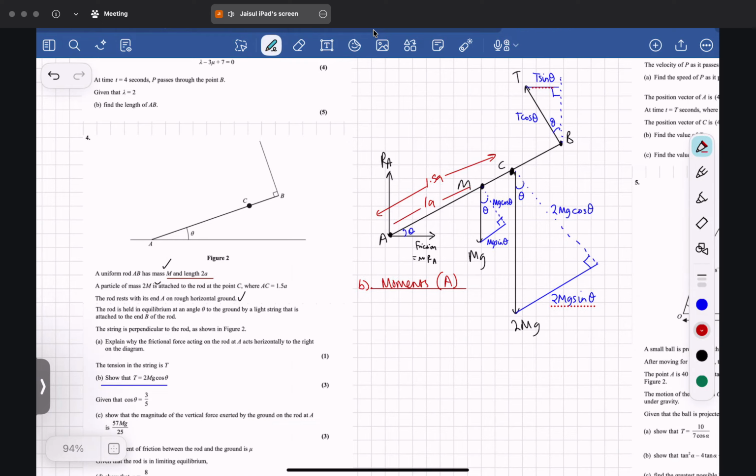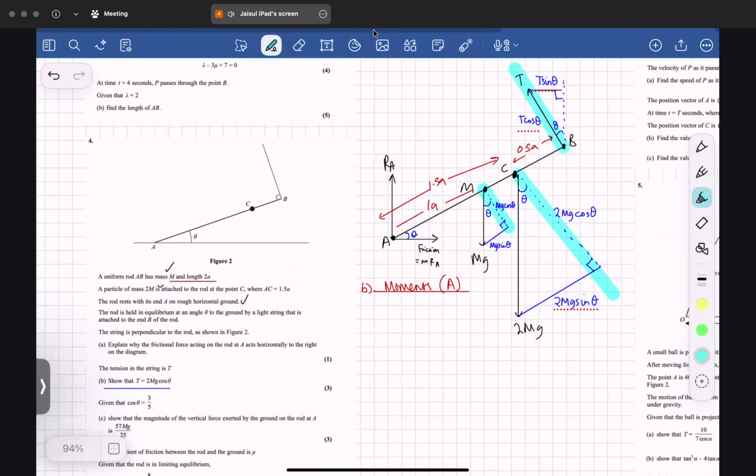And then this is 0.5a. Is that okay? Fine. So for my first moment, I'm going to highlight them all in blue: 1, 2, and 3.